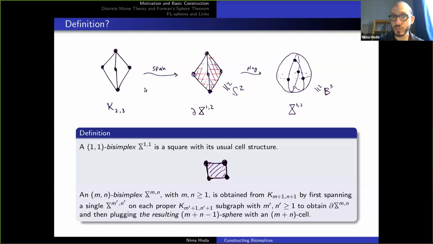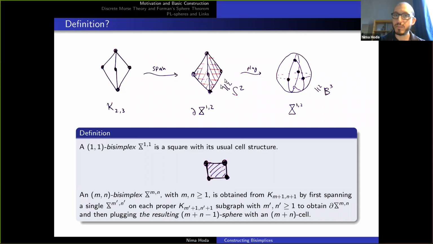The next least complex complete bipartite graph is K_{2,3}. So we could start by spanning a square on each of the K_{2,2} subgraphs. That's three squares here: we have two in the front and one sort of in the back, if you will.